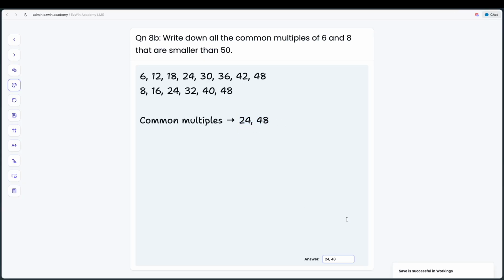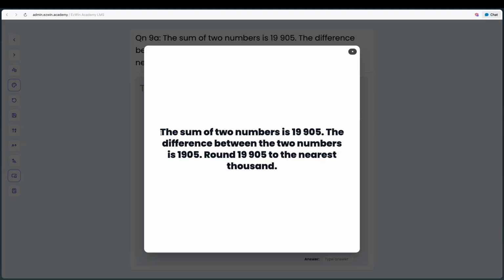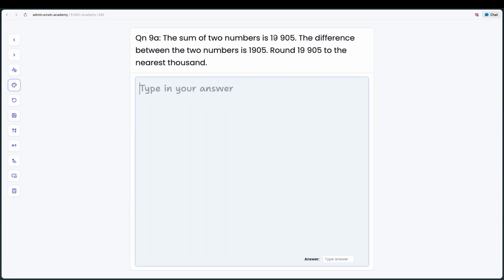All right, let's move on to the next question. Question 9a, the sum of two numbers is 19,905. The difference between the two numbers is 1,905. Round the 19,905 to the nearest thousand. So we want to round to the nearest thousand.